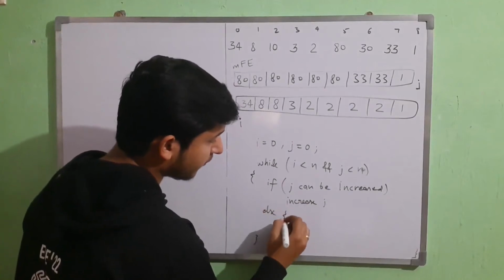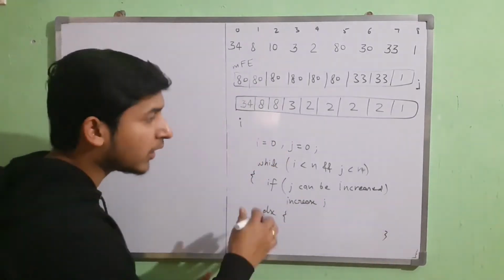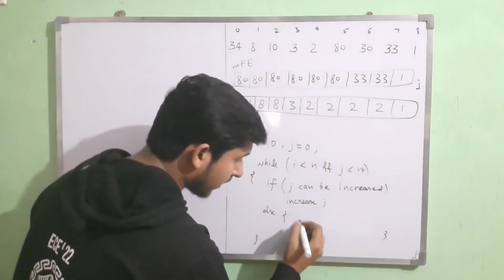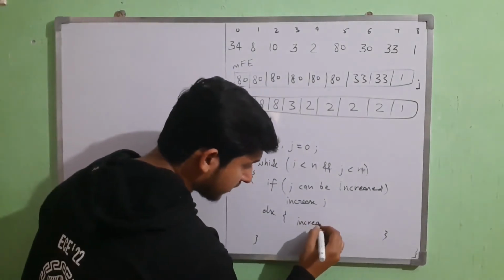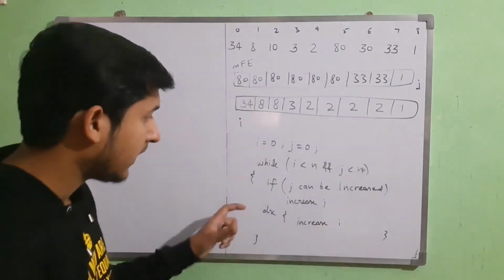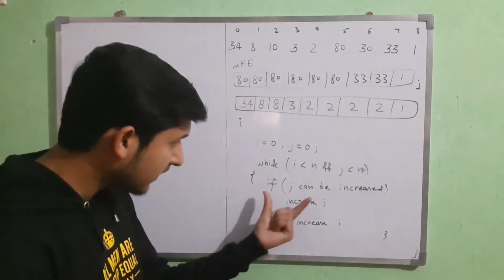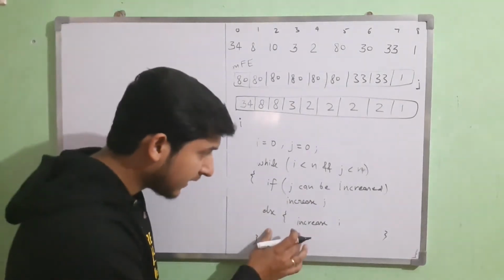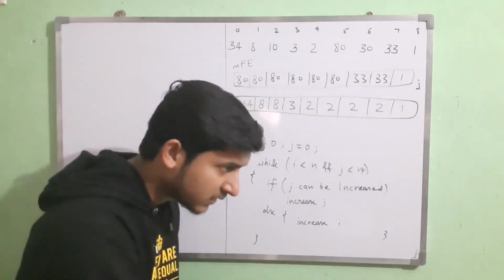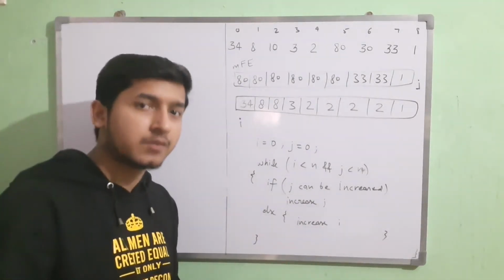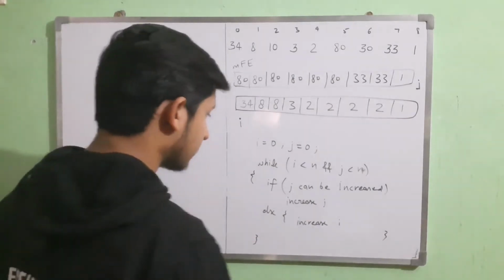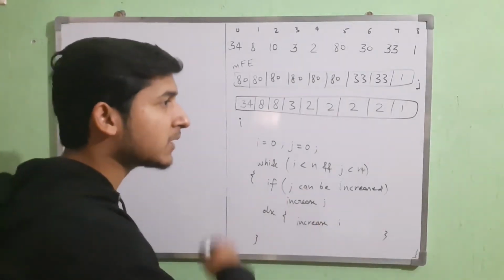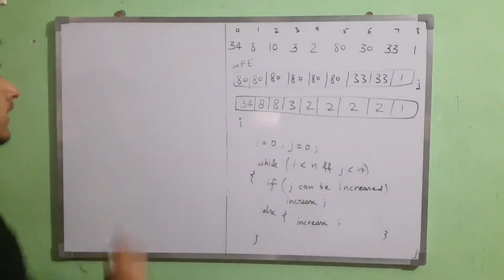Otherwise j can't be increased, so i has to be increased, so increase i. At every instant I will take j minus i, and if that can work, then that's good. So I'll just keep on storing the maximum of j minus i, and after all this I'll get my answer.